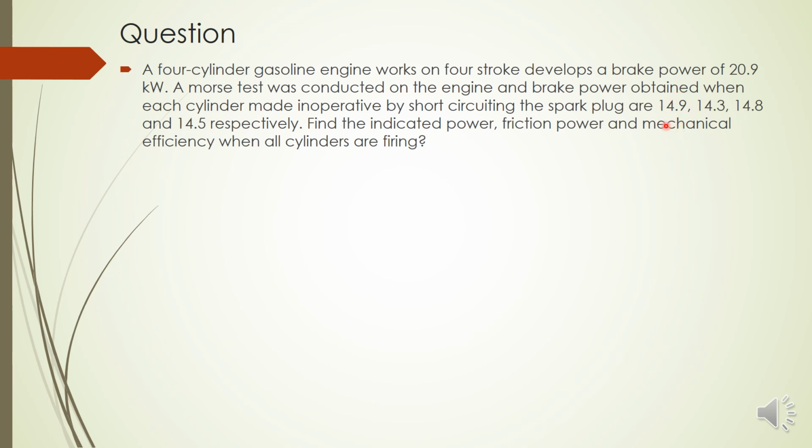The new brake power, with the first cylinder cut off and the speed constant, is 14.9 kilowatt. The same procedure is repeated for the second, third and fourth cylinders, and we get another three values of power. So you have to find the indicated power, friction power and mechanical efficiency of the entire four cylinders.